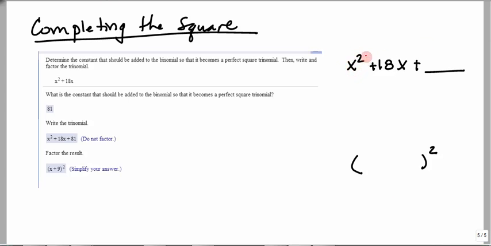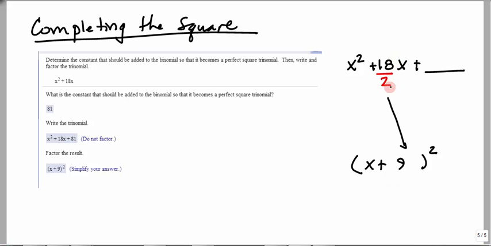This is called our quadratic, and the coefficient in front of this is 1. This is called our linear term because it's just x to the first, and our coefficient is 18. So this is called our linear coefficient. What we do is we take half of 18, and that's going to go right here.